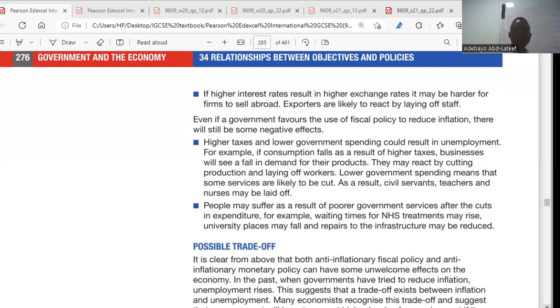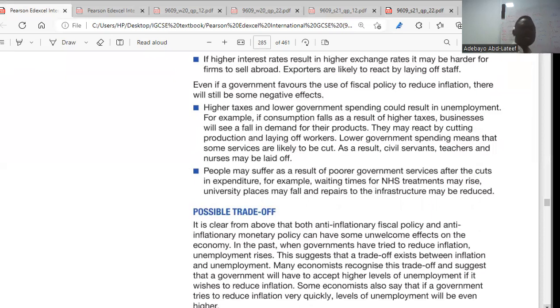The second point is that people may suffer as a result of poorer government services after the cuts in expenditure. For example, waiting times for NHS treatments may rise. If government reduces spending on government parastatals, the services from these parastatals would reduce.